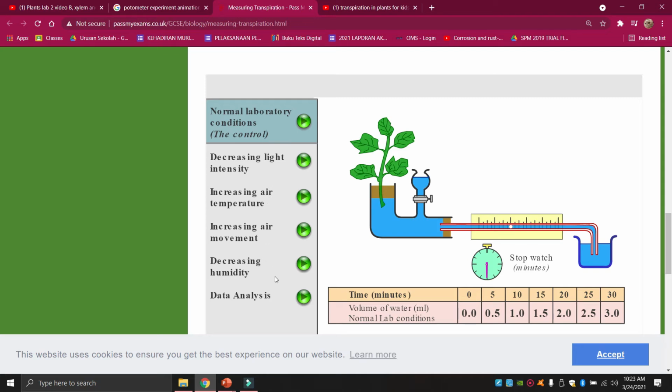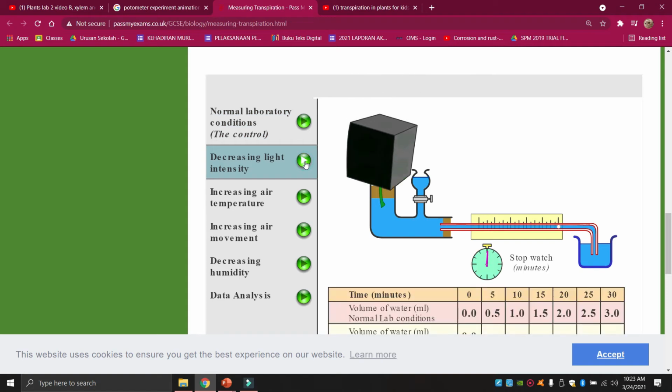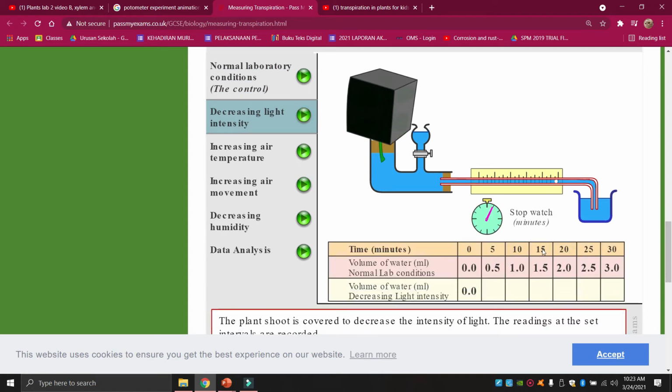The first one we compare is when we decrease the light intensity, so maybe we put it in a black box here. After 5 minutes, since the light intensity is decreased, the volume of water also decreases, meaning the volume of water absorbed by the plant is decreased.